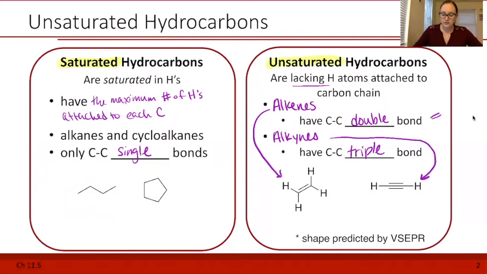So it's important also to look at the geometry of these atoms. In an alkene, each carbon atom is going to have 120-degree bond angles, and it's flat. The shape is then trigonal planar. So we have one central atom with 3 groups around it.